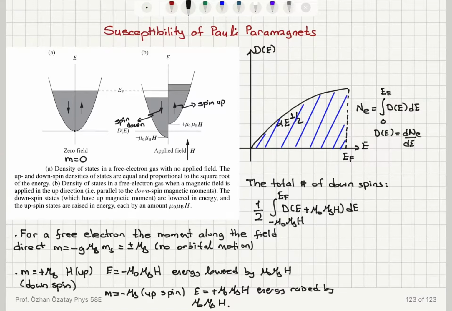So the shift of the y-axis in the negative direction has to be reflected as an increase in the energy argument in the density of states function. So it will be minus mu 0 mu B H to E Fermi, density of states E plus mu 0 mu B H times dE. Now, why is there a 1/2?